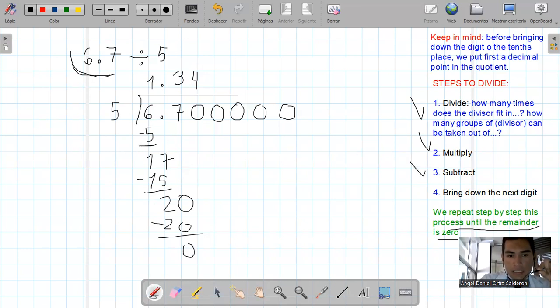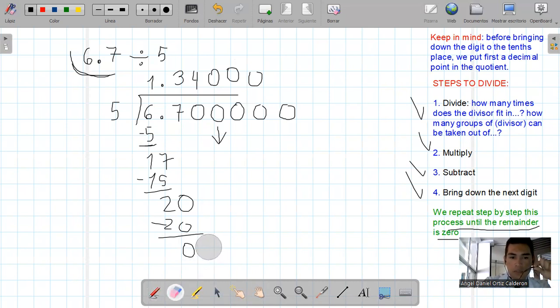This gives 0, right? And then I have to bring down the next digit. What is the next digit? It is also a number 0. But this won't change anything because we are repeating the same process. It is the same as adding several zeros in the quotient, but this won't change the value of the quotient at all, remember.